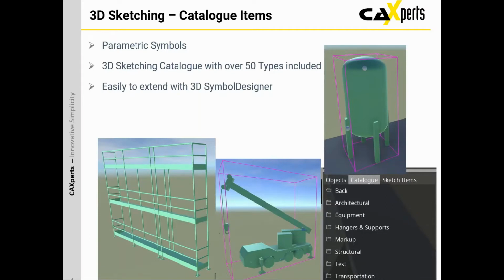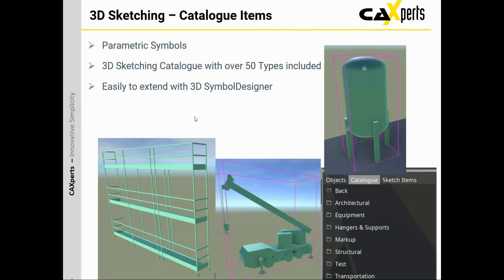Okay, 3D sketching. What can we do else here? What possibilities do we have? First of all, we provide a catalog along with the software. We have here roundabout 50 different types of elements included.